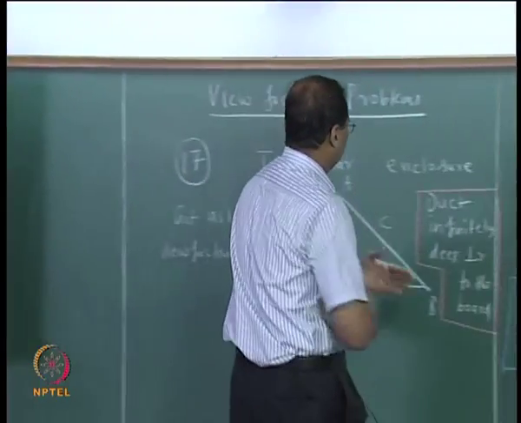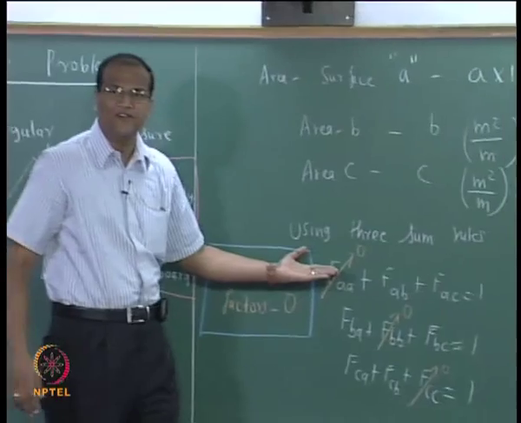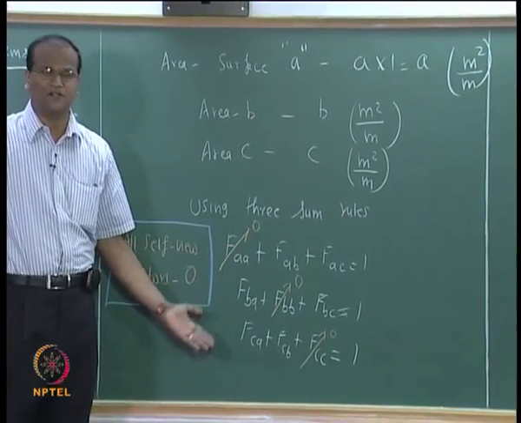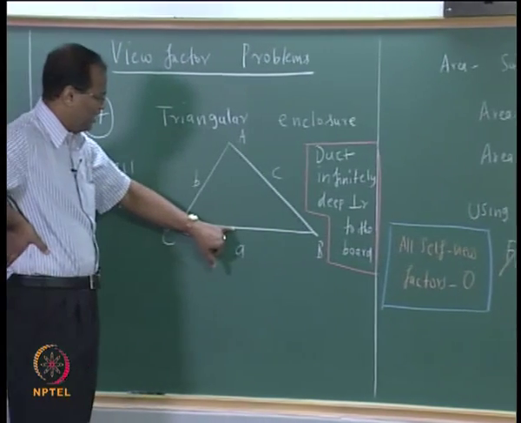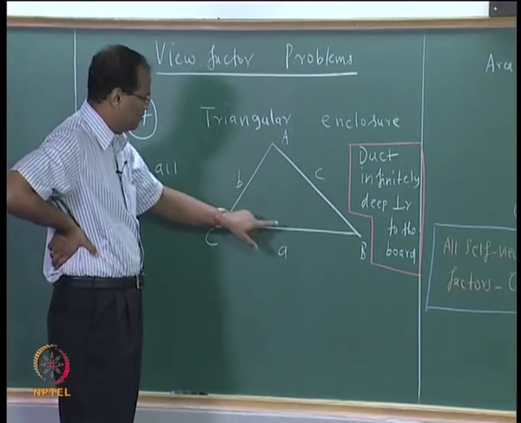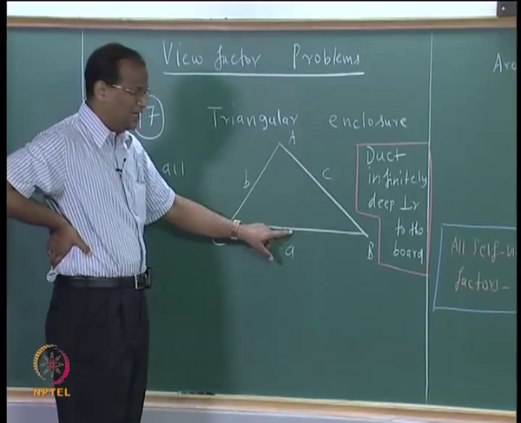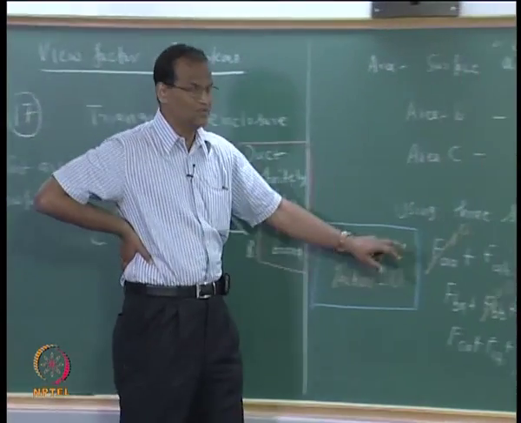Now I start solving this problem by first writing the 3 summation or sum rules. I apply the sum rule for the surface A, f of A to A plus f of A to B plus f of A to C equal to 1. It is a plane surface, therefore f A A equal to 0.